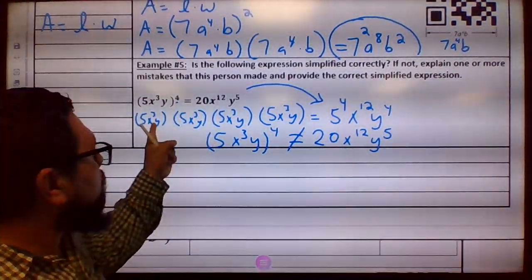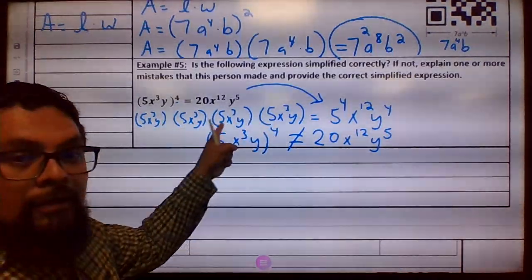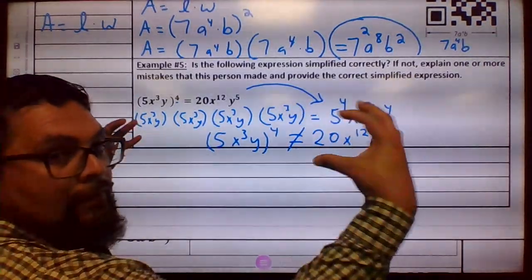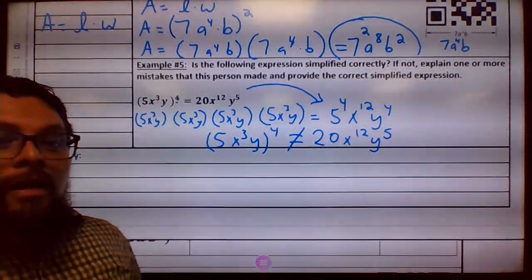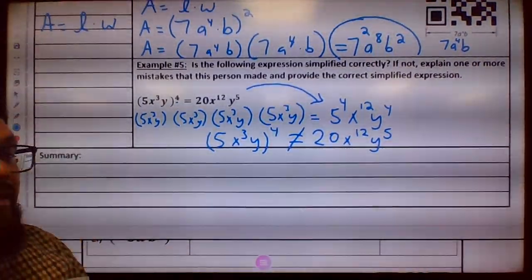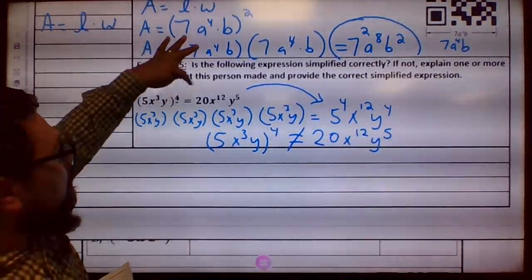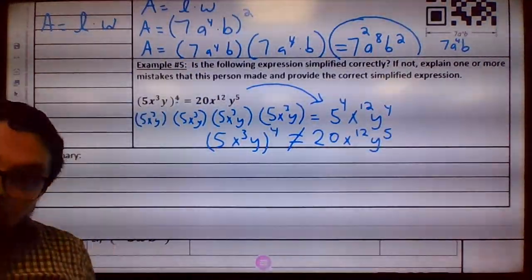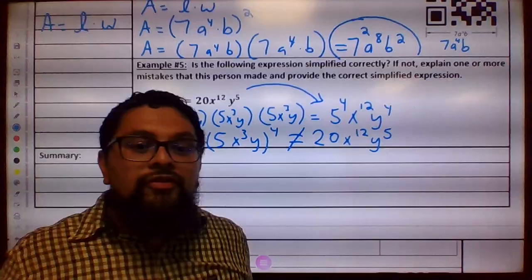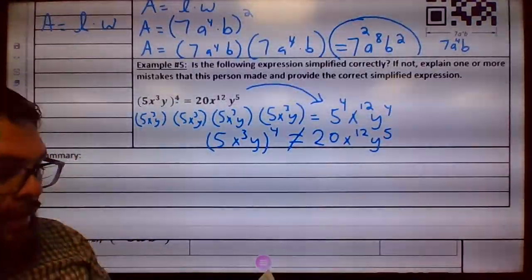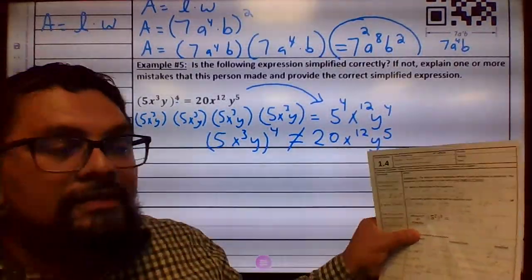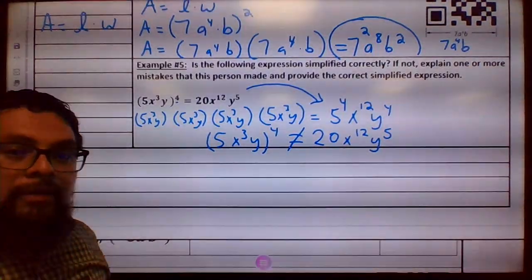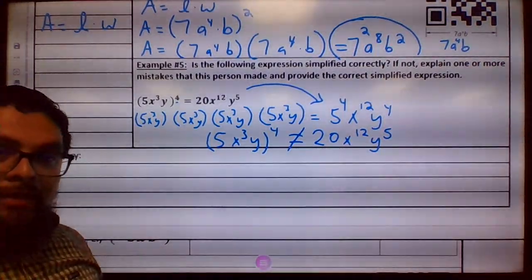What did we do here? But there's another easier way. What do you have to do to the exponents? Go ahead and summarize it, guys. Put it in your summary. We went over it.